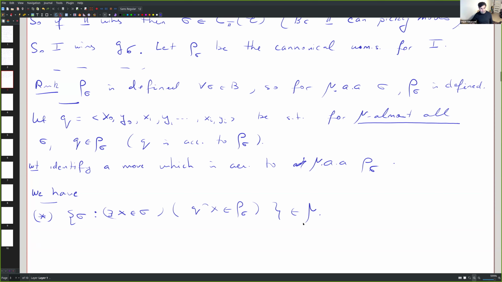Because for almost all sigma, rho sigma is defined. Q belongs to almost all rho sigmas. Therefore, for almost all rho sigmas, we have a response.